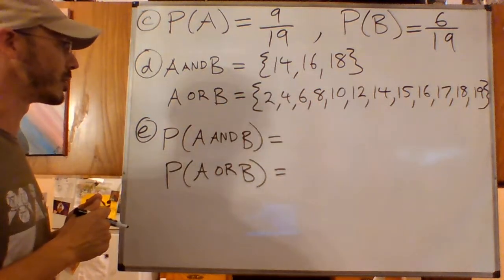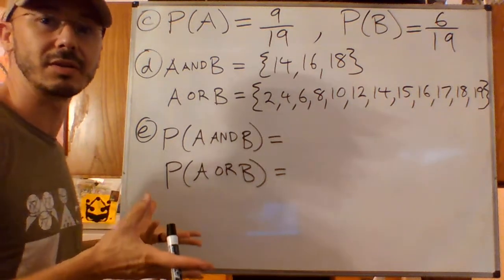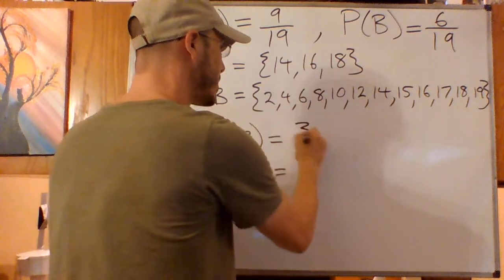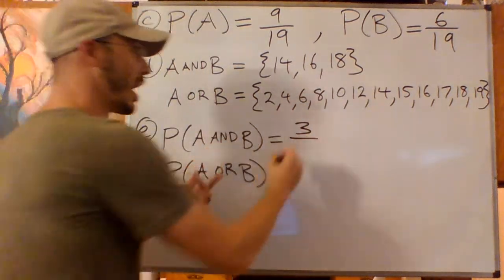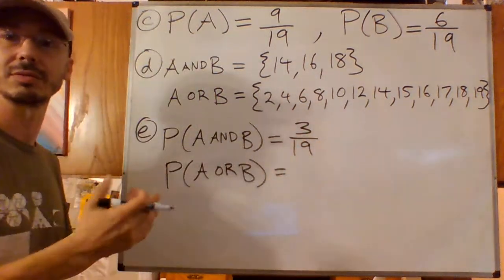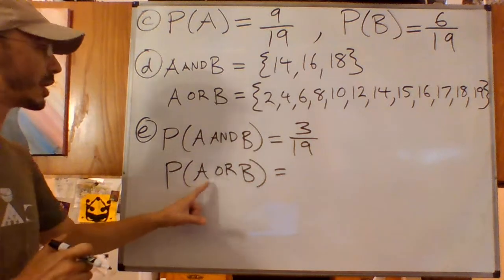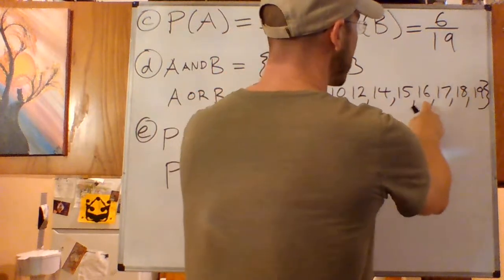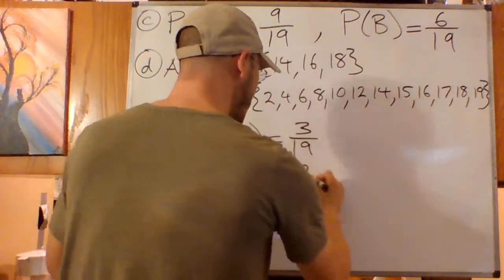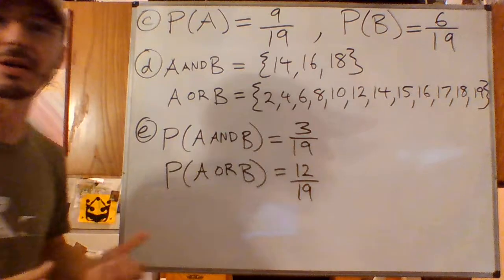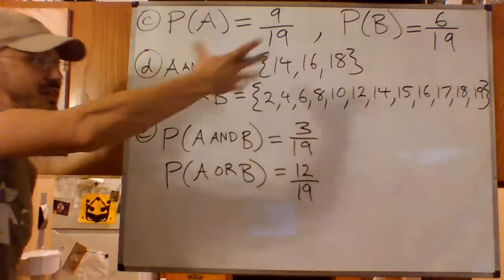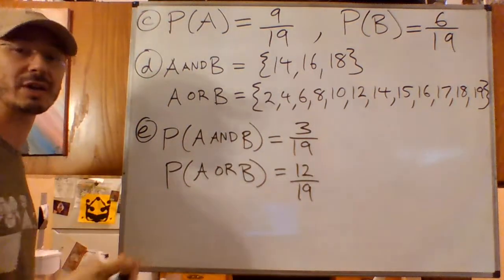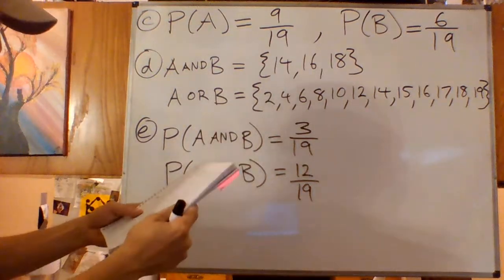Remember, there are 19 outcomes altogether. For A and B, there's 3 outcomes in the event out of 19 total possible equally likely outcomes. For A or B, I have to count up these. It's 1, 2, 3, 4, 5, 6, 7, 8, 9, 10, 11, 12 of those, again, out of 19 total possible outcomes. So once we've got the sets listed down, the events written down explicitly, it's really just a matter of counting to find the probabilities.